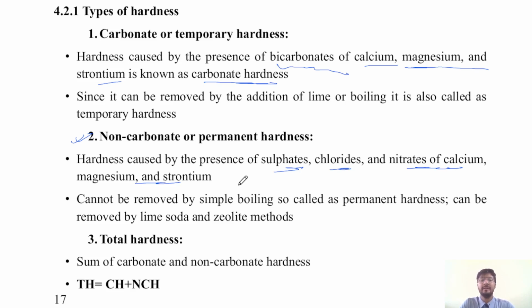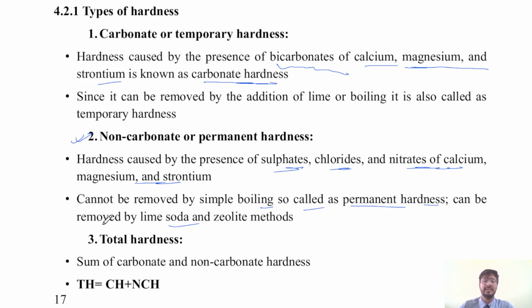It cannot be removed by simple boiling, so it is called permanent hardness. It requires chemical methods, that is the lime soda process and zeolite, meaning the ion exchange method. This is common in many industrial water sources.